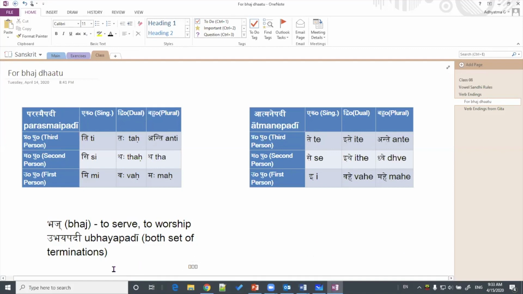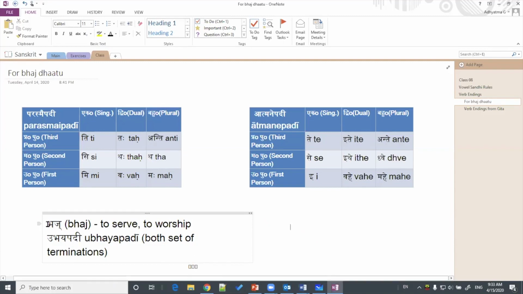So we'll see how it works. First we'll see the Parasmaipadi. First we have to make a stem. You remember, directly on the root we do not do that; we make a stem. How do we make a stem? How to make the stem is actually an advanced Sanskrit course, so we will not learn that.